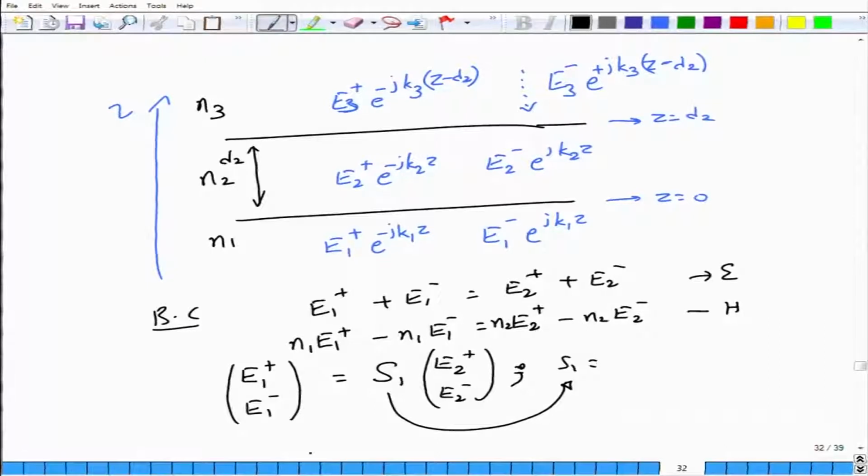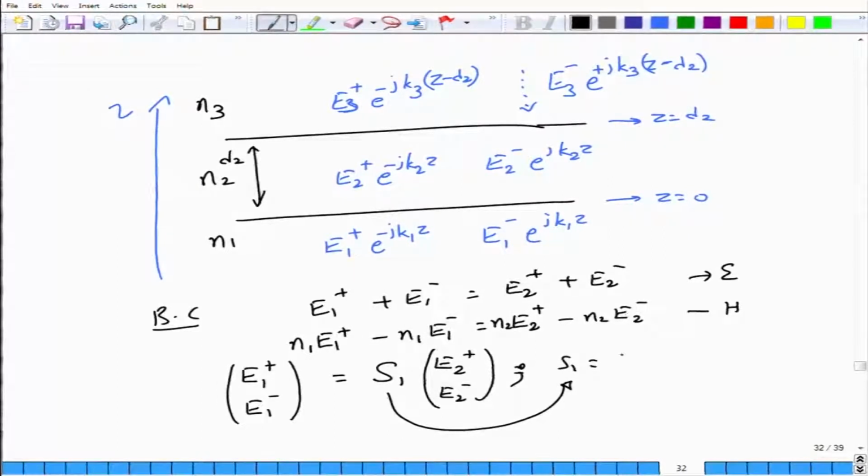You just have to add and subtract the equations after multiplying appropriately. So, you can take this N1 onto the right hand side, add the two, then you will express E1 plus in terms of E2 plus and E2 minus. Similarly, if you subtract, you will express E1 minus in terms of E2 plus and E2 minus.